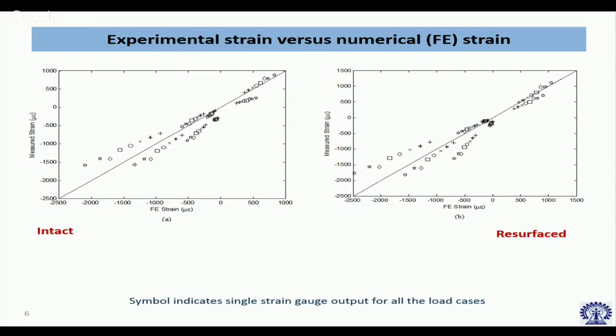You can see a linear relationship already evident in the scatter diagram. Now, what is this line passing through as a diagonal of this box? This is the ideal line, which means that for an FE predicted strain of 1000, you should actually get 1000 measured strain.